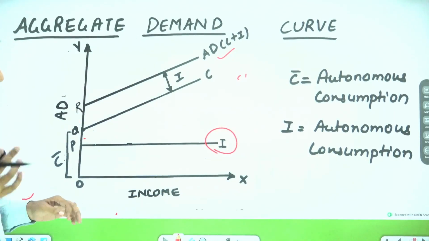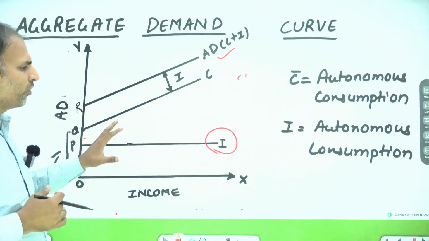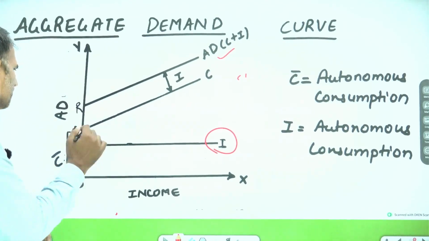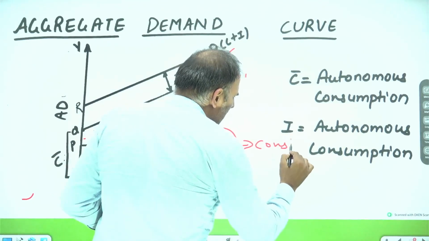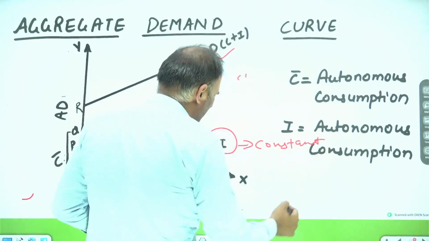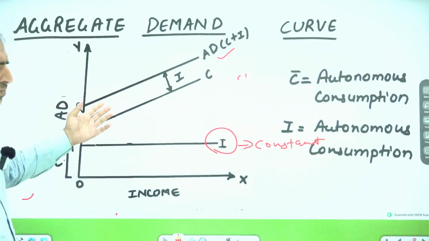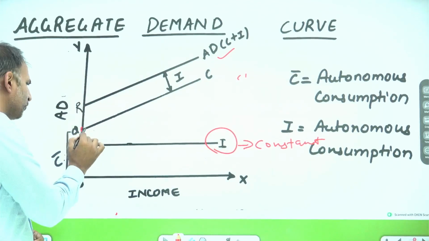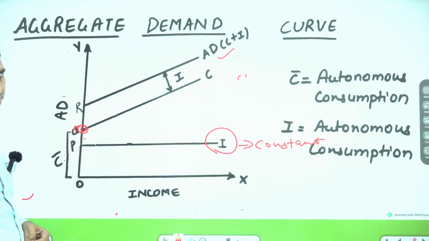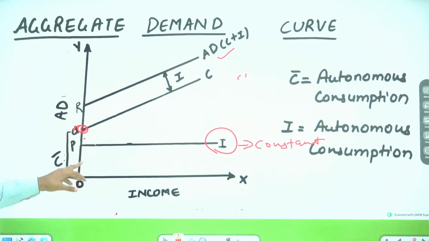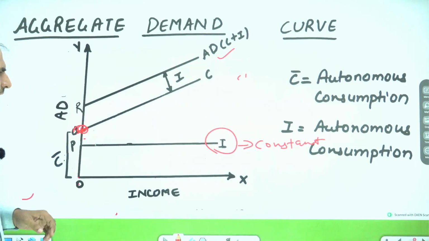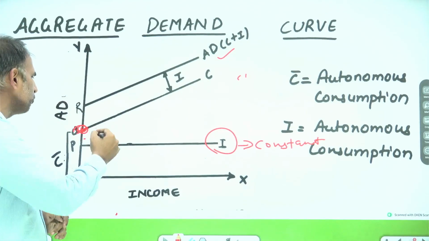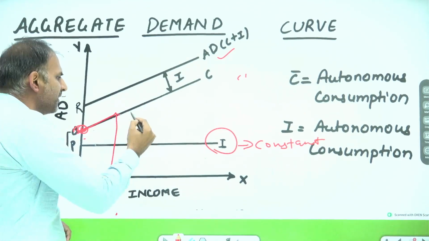We assume this investment is constant. Consumption: if the level of income is zero, there must still be some level of consumption, which we call C. And if we increase our income, consumption increases.